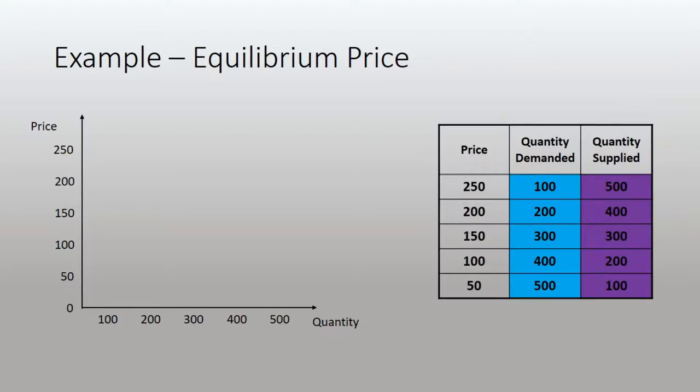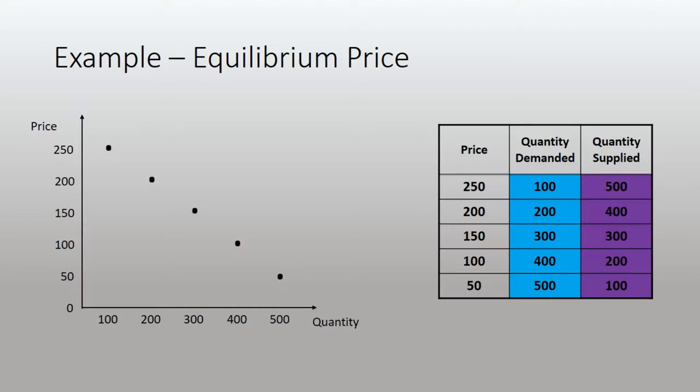We can start off with demand. So at price 250, the demand for this good is 100. At price 200, the demand is 200. At price 150, we demand 300. At price 100, we demand 400. And at price 50, we demand 500.